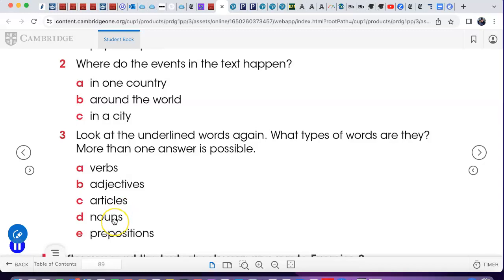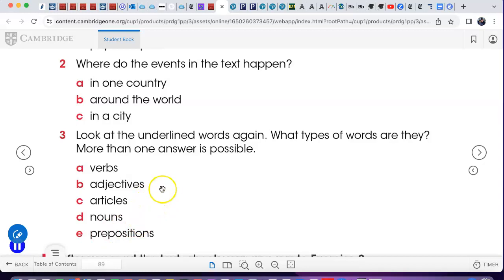Nouns are people, places, or things. And then prepositions we're going to look at later this chapter. Prepositions go before articles, usually, or they're part of prepositional phrases, indicating movement, as we're going to look at in this chapter, location, place, etc.